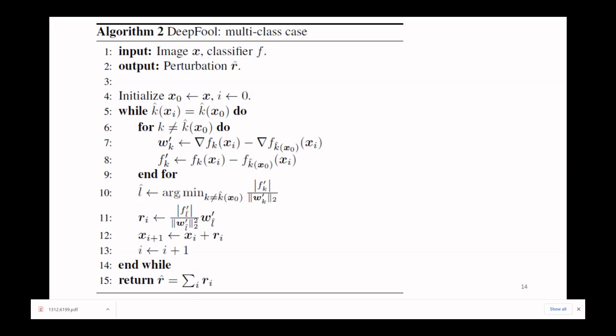And then here it finds the closest hyperplane and the distance to that hyperplane. It updates our current solution. And after we do enough iterations, we return the sum of all the perturbations as the adversarial perturbation.